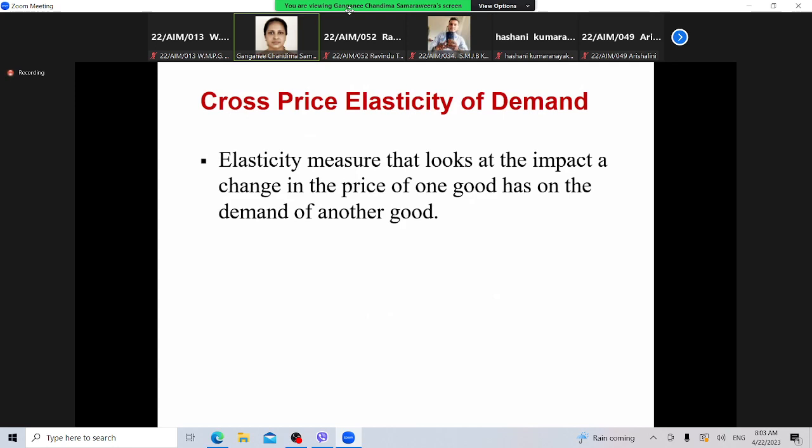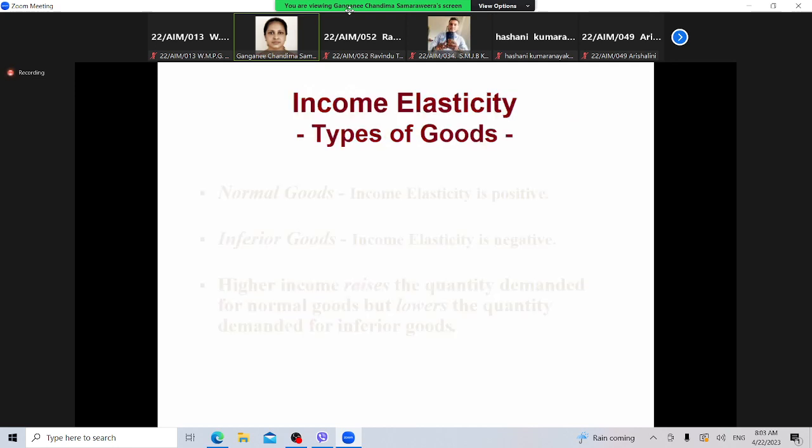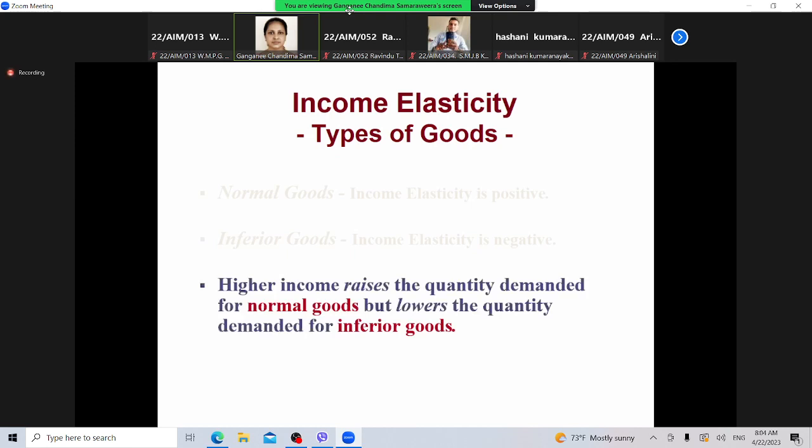But some goods are there where, even though income is increasing, the quantity demanded is lower. I mean, the more the income, the lower the quantity demanded.